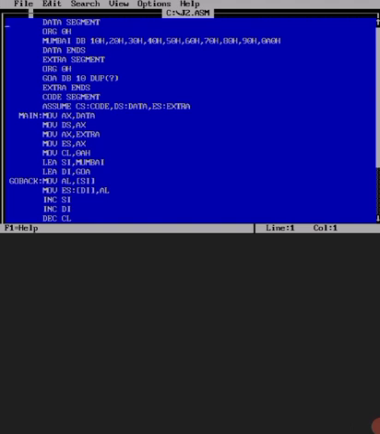Let us write a comment line, starting with a semicolon: data transfer from DS to ES, that means from data segment to extra segment. This is program number 2.